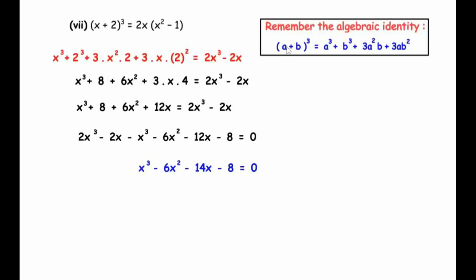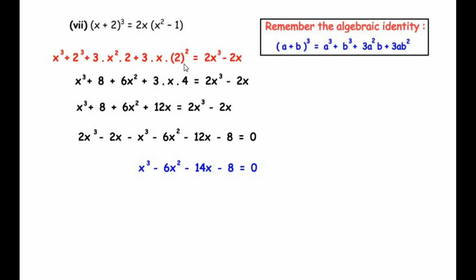(x + 2)³ = 2x(x² - 1). Now here to expand the left hand side, we have to make use of an algebraic identity, which is (a + b)³ = a³ + b³ + 3a²b + 3ab². Now here in place of a we are going to take x, and in place of b we are going to take 2.